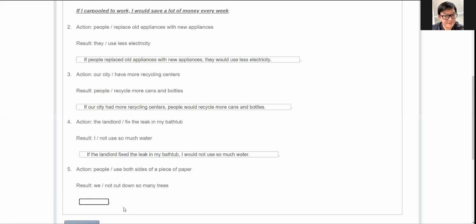Now, look, if people used both sides of a piece of paper, comma, we would not cut down so many trees.